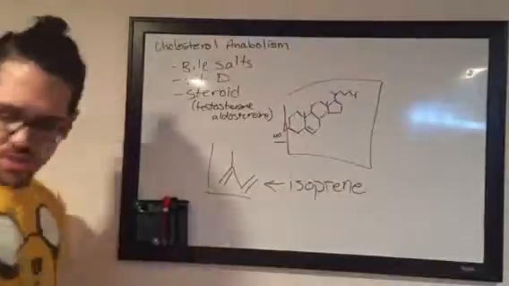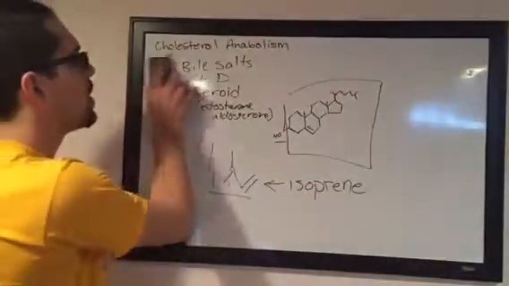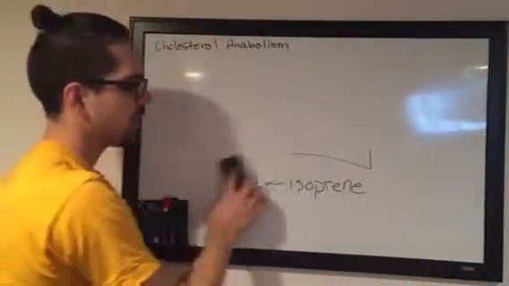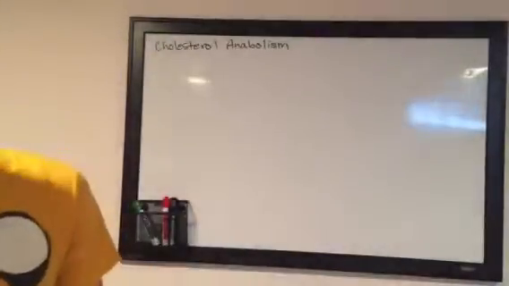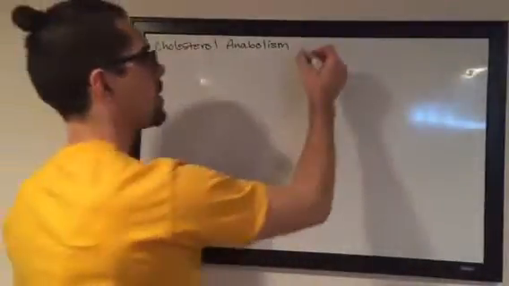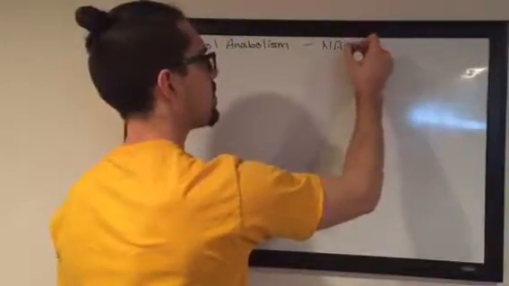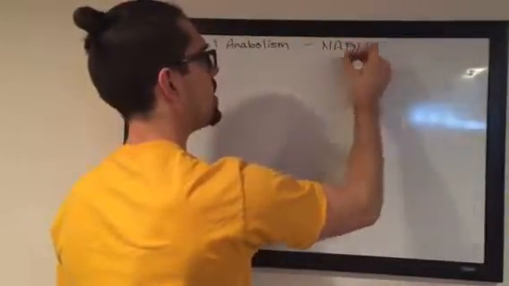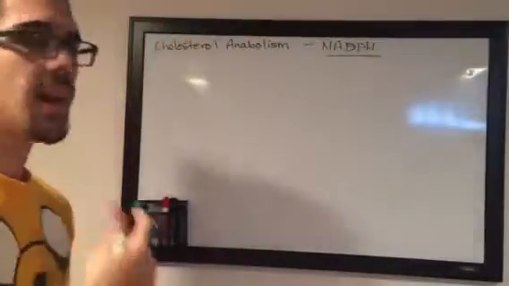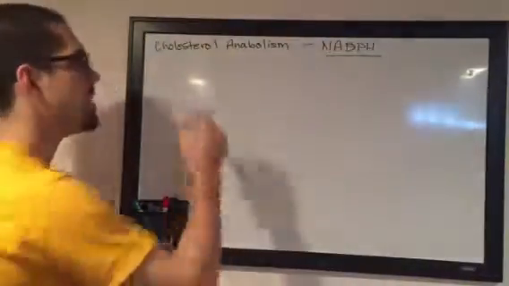So let's just jump into it here. We know that cholesterol anabolism is another type of lipid anabolism. All lipid anabolism uses NADPH as an electron carrier. Again, we have two sources for NADPH.